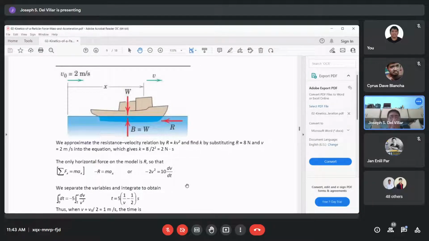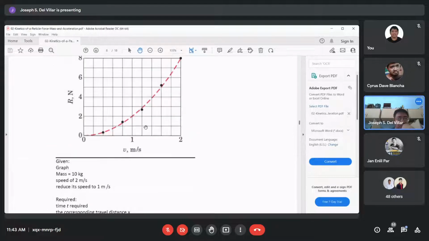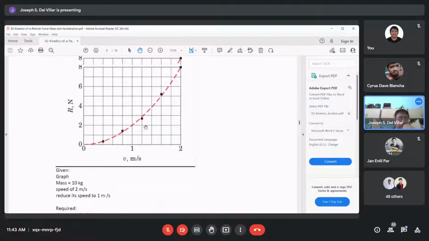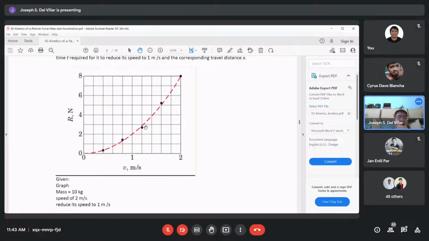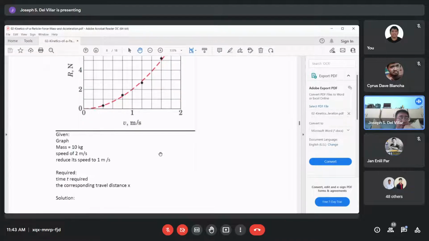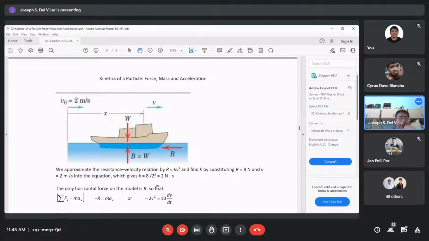So this is where R is equal to kV squared comes from. From here, we derive it.